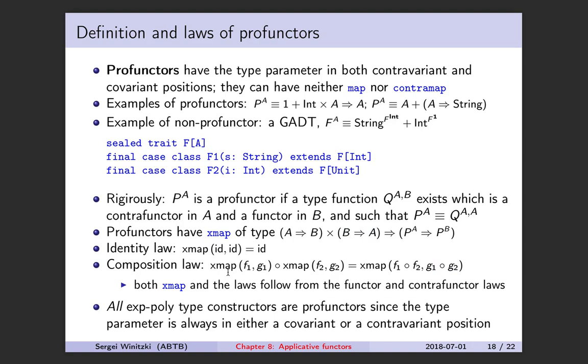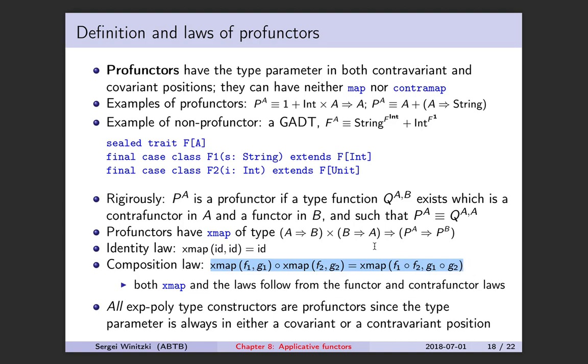The important idea is that once you have this Q, it means you already have map in B and contramap in A, and the laws for those hold separately. And so it can be derived that these laws hold, because they're just compositions of those functions.